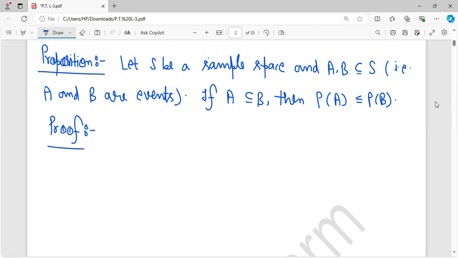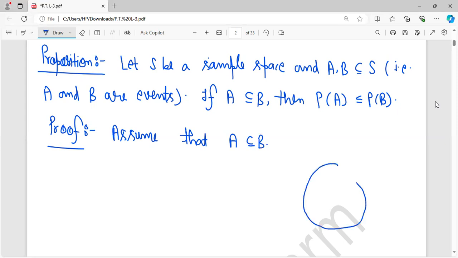Let's assume that A is a subset of B. If A is a subset of B, then B will be a bigger set. This is my set B, and A is inside it.